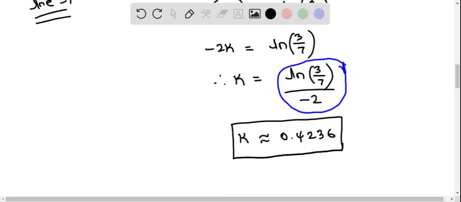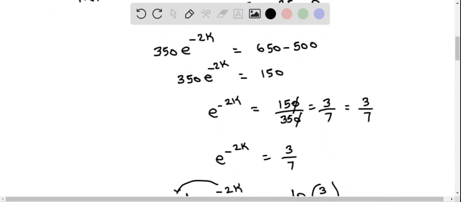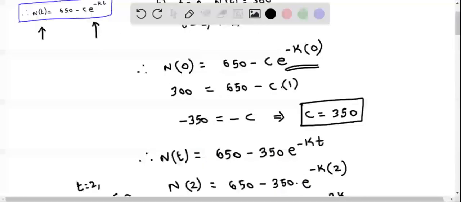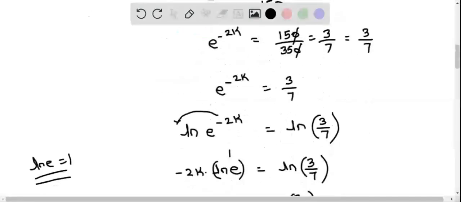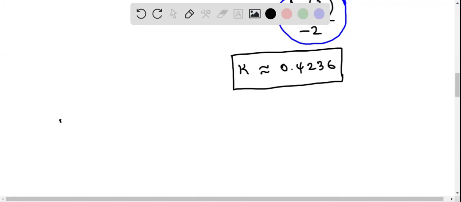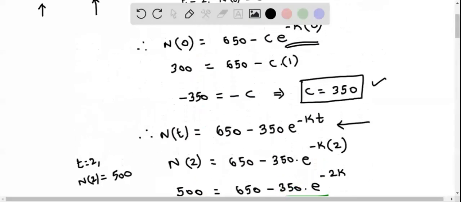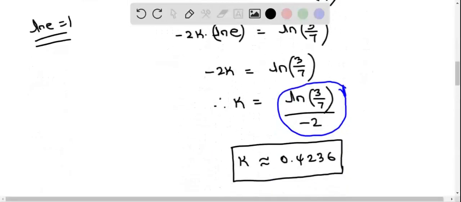and so we can now write the particular solution of this differential equation. We plug it into this equation after we have determined the value of c. So we can write N of t equals 650 minus 350 times e raised to the power of negative kt.